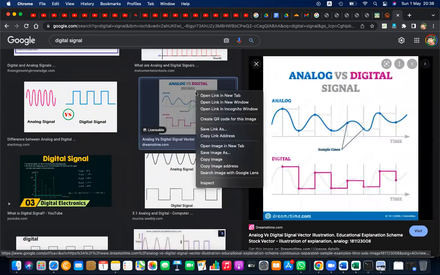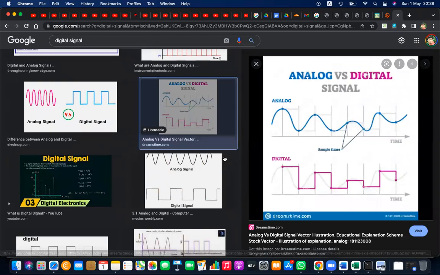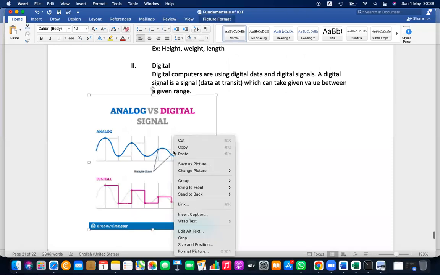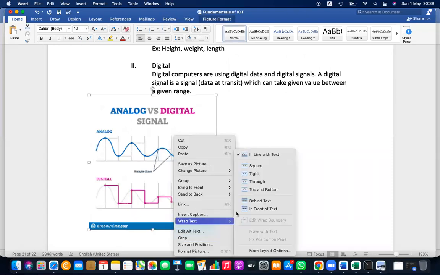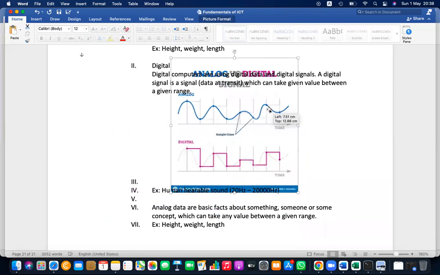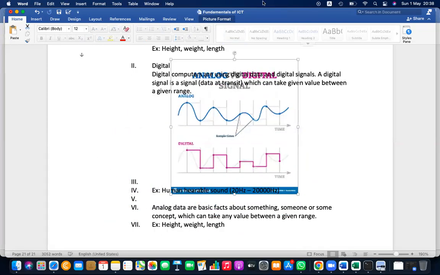Okay, here this has some meaningful image. Otherwise, you would have to draw everything, no? Okay, only draw the purple color signal. Don't draw any other thing, only draw the purple color one.